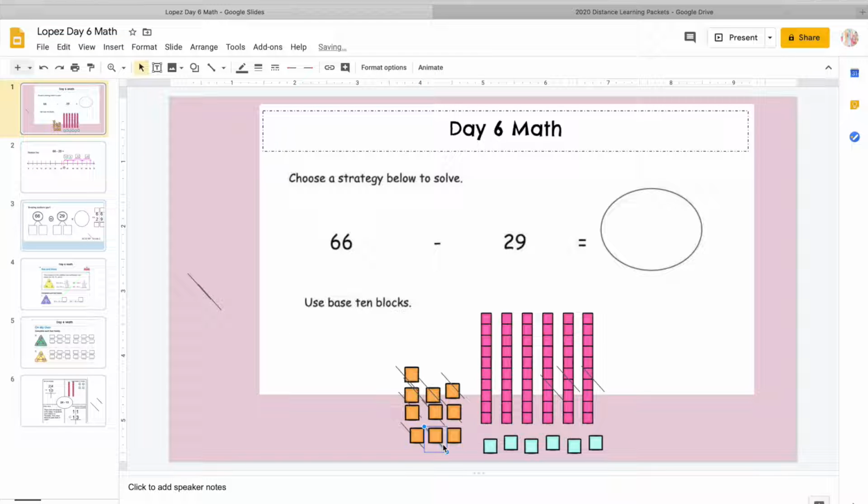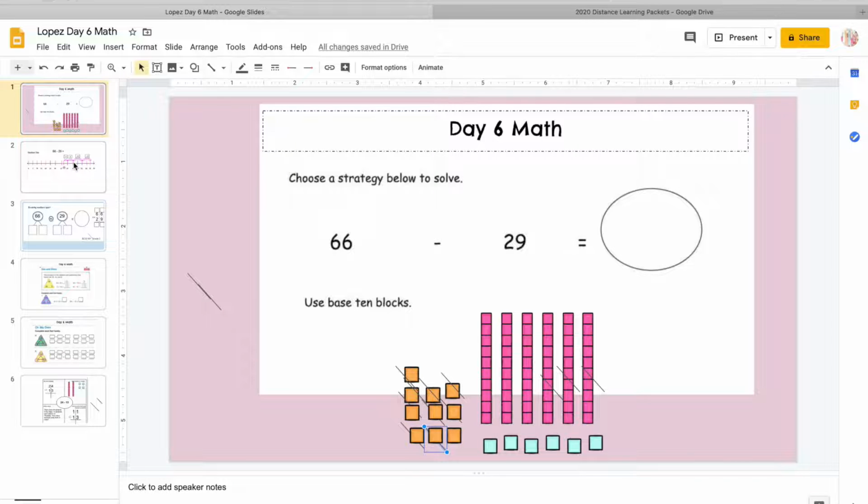Perfect. Now we're just going to count how many 10s we have left. 10, 20, 30. And then how many ones? 1, 2, 3, 4, 5, 6, and 7. And so we know 66 minus 29 is 37. So that's one strategy you can use, the base 10 blocks.